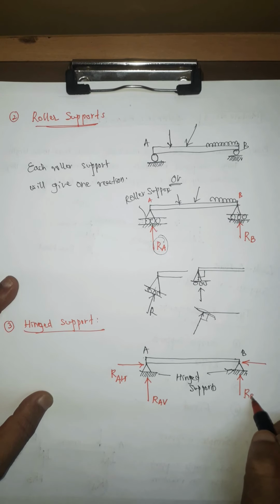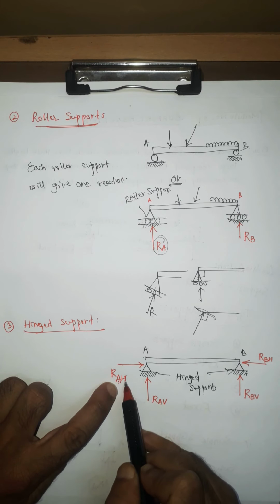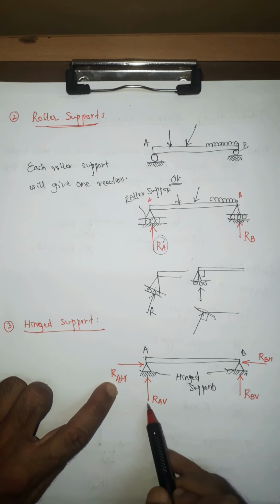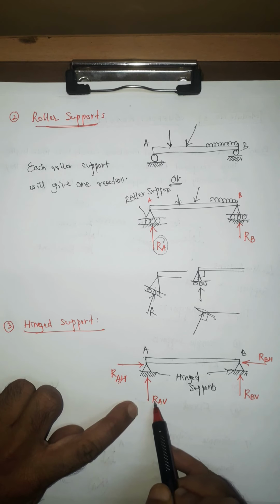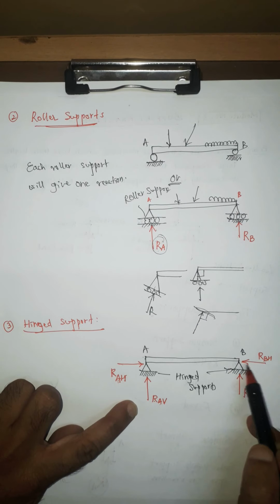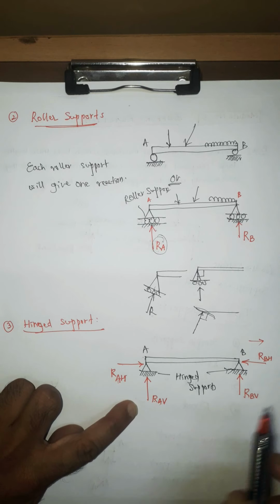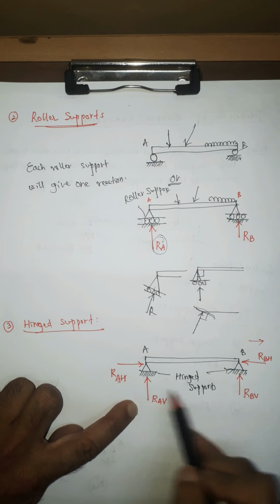So reaction at A, that is support A, and it is horizontal, RAH. Same, this is RAV, reaction at A only but vertical. Similarly, RBH is reaction at B, horizontal, and reaction at B, vertical. The direction may change, we're going to see, but the designation will be like this.